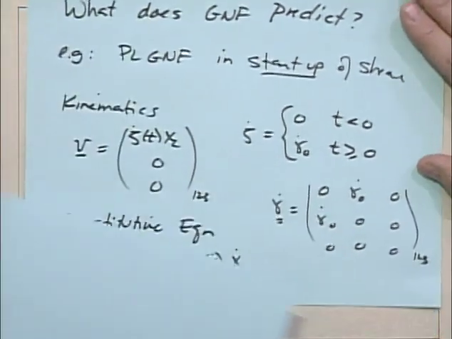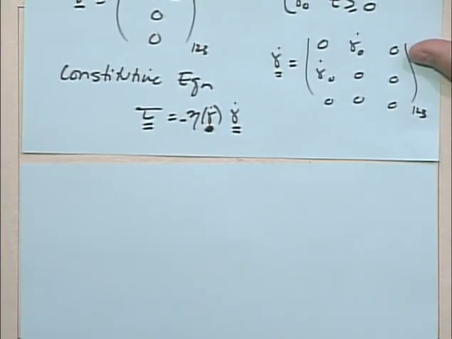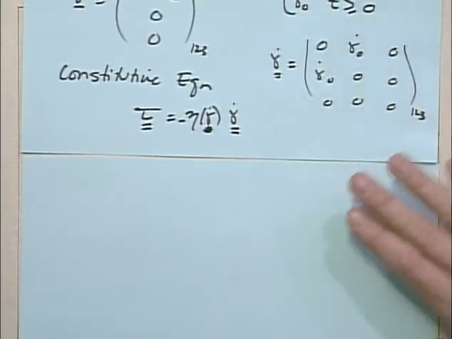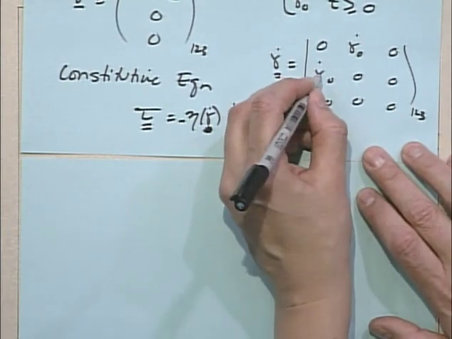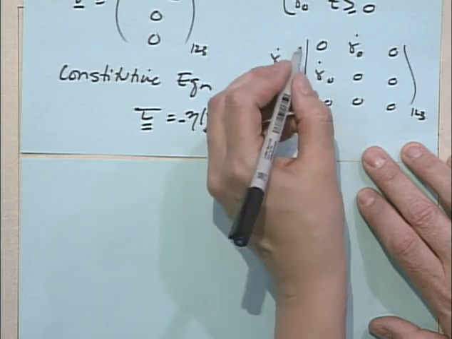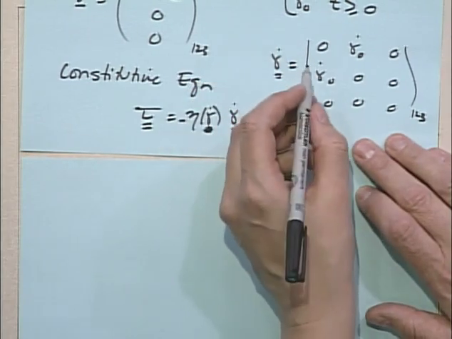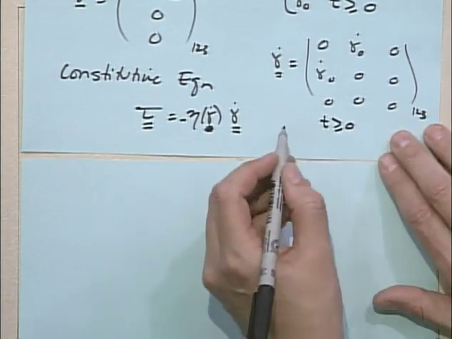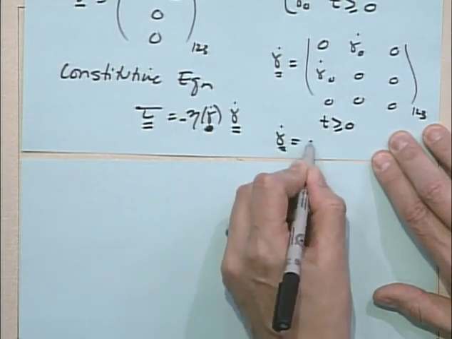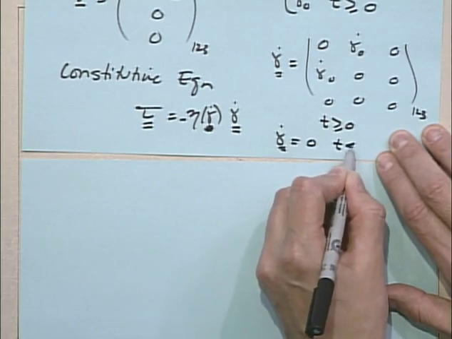So that part doesn't slow us down. This is only for t greater than 0, and gamma dot is equal to 0 for t less than 0.